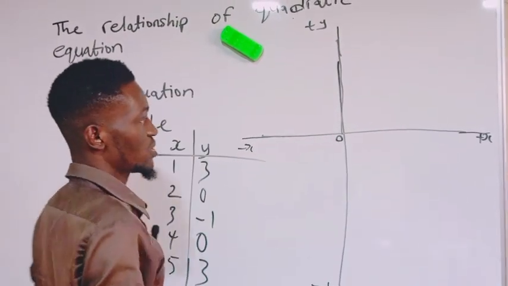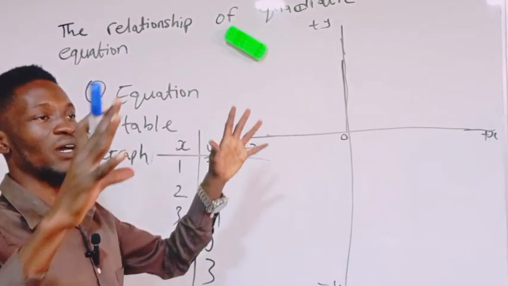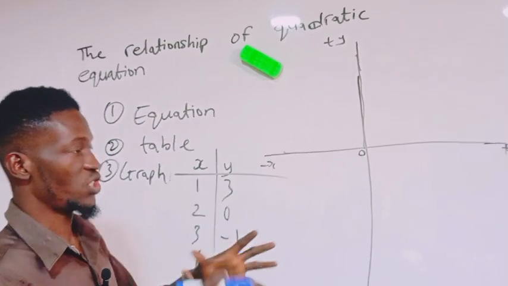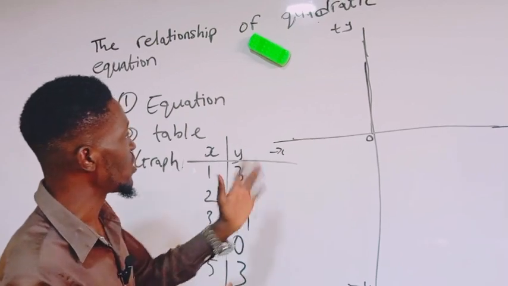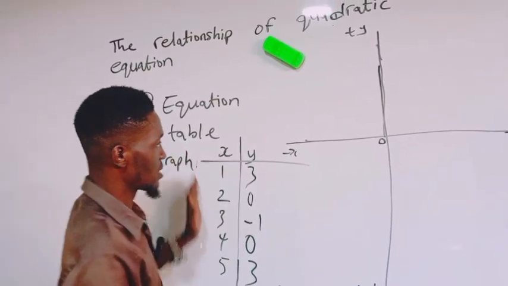Since it's a quadratic equation, we are expecting a parabola shape, the one you call the U shape. That is what I'm expecting, so let's plot the graph and see if it goes well. Let's take our values.